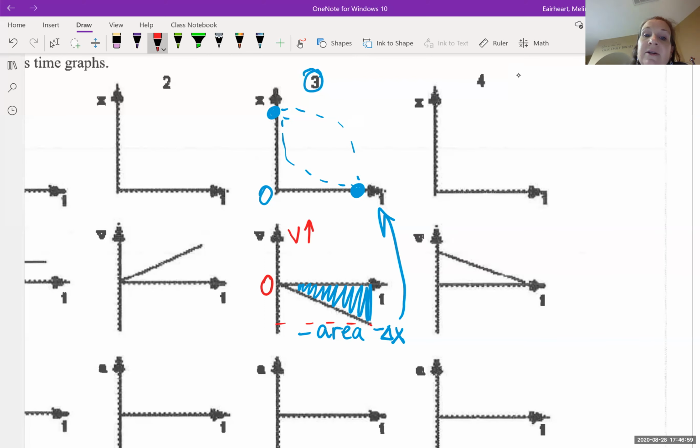So that means it's increasing in the negative direction. And so that on a position graph means that the slope has to do the same thing. The slope needs to increase, it needs to get steeper, the tangent slope, and it needs to be in the negative direction, like a decline.